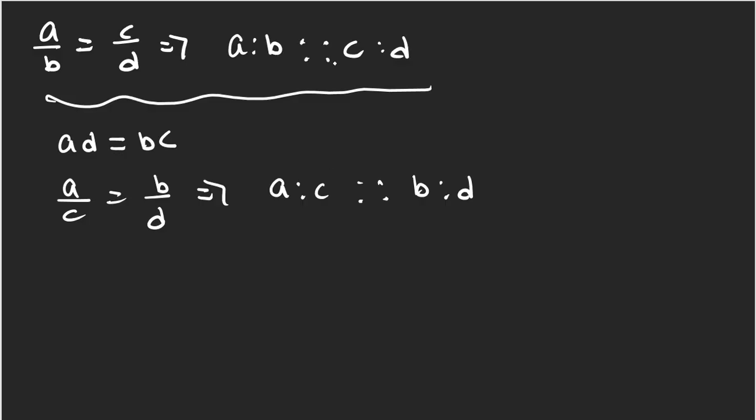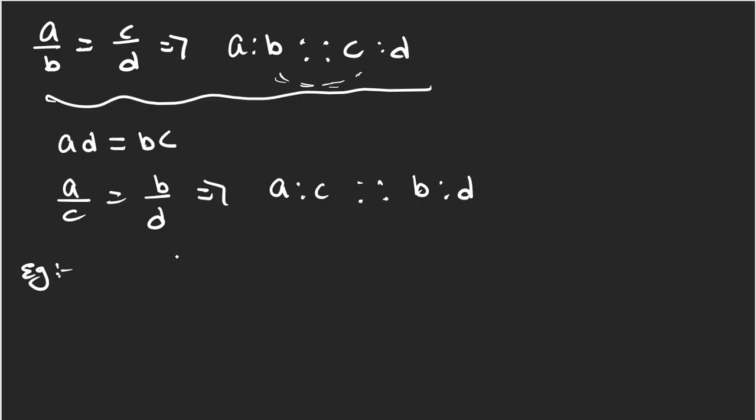A is to B proportional C is to D, or A is to C proportional B is to D. So these two internal terms can be exchanged. The proportion remains the same. In physics, we will use it many times. Like I'll show you an example.